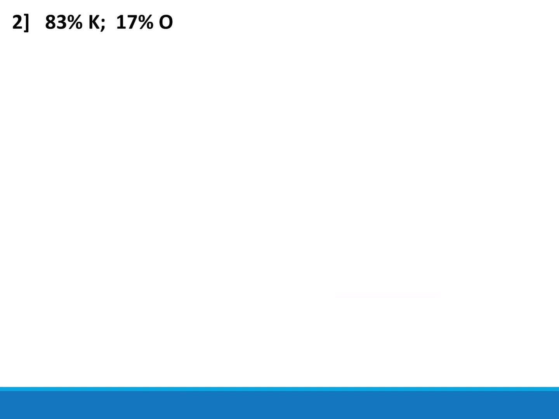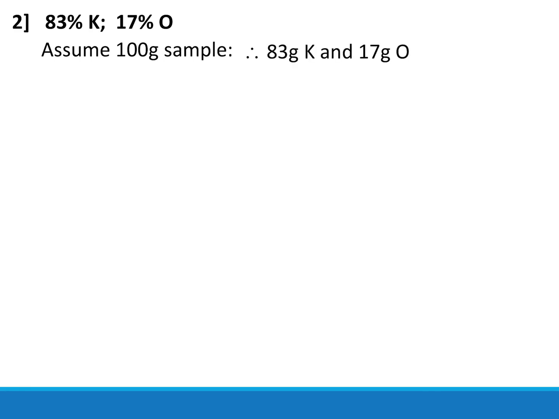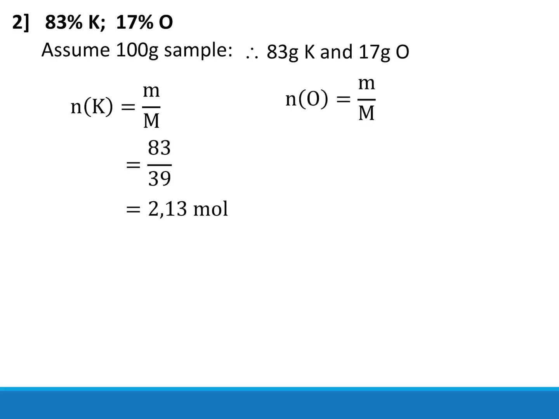All right, let's do another one. 83% potassium, 17% oxygen. First step, assume a 100-gram sample. That means that we have 83 grams of potassium, 17 grams of oxygen. We then work out the moles of each of them. So for potassium, it's 83 divided by 39, 2.13. For oxygen, it's going to be 17 divided by 16, 1.06.